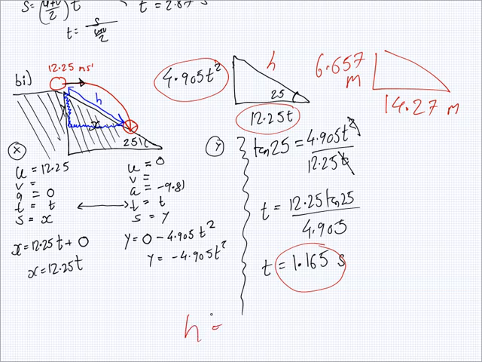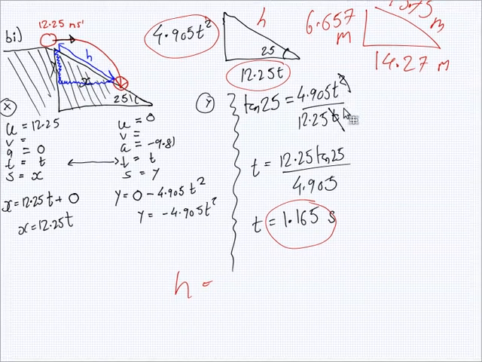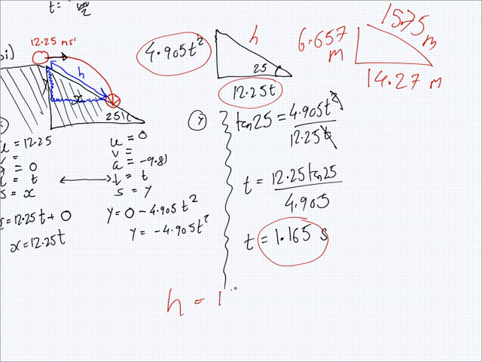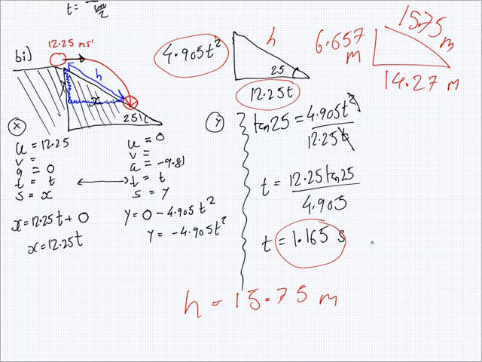So the hypotenuse from Pythagoras is the answer, 15.7 meters? 15.75, yeah, 15.75 if I do two decimal places. Now, I think that would be a difficult but not impossible mechanics question.